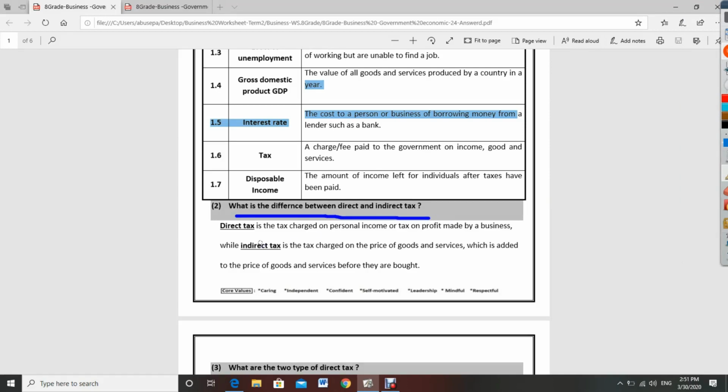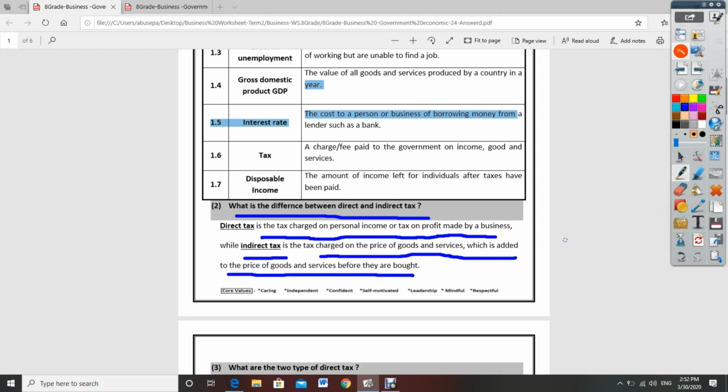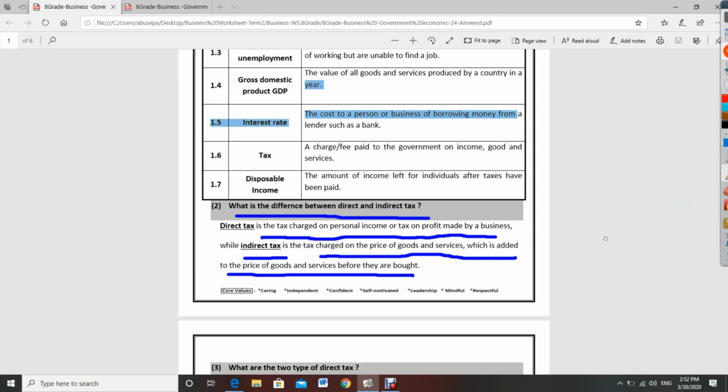The direct tax is the tax charged on personal income or on a profit made by business, while the indirect tax is the tax charged on the price of goods and services, which is added to the price of goods and services before they are bought. Later on, we are going to take a number of tax types, whether indirect or direct.